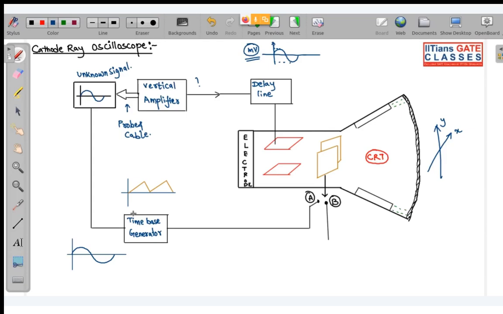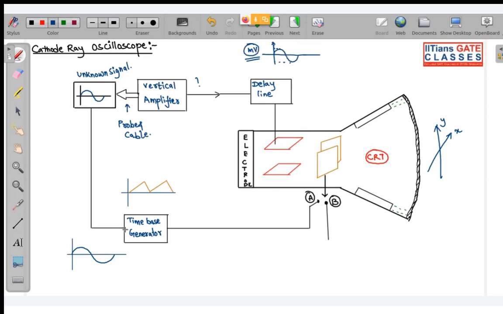So that is one important thing. Then it's okay, I will explain why. This time base is generated in the CRO itself. So you don't require the unknown signal. The unknown signal can have low voltage, the amplitude can vary, it can be sinusoidal or any unknown signal, it can be low, it can even be high.